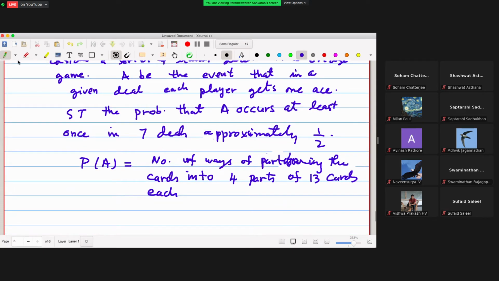So this is the total number of elementary events, or cardinality of omega, which is equal to the number of ways of partitioning cards into 4 parts, of course labeled first, second, third, and fourth.